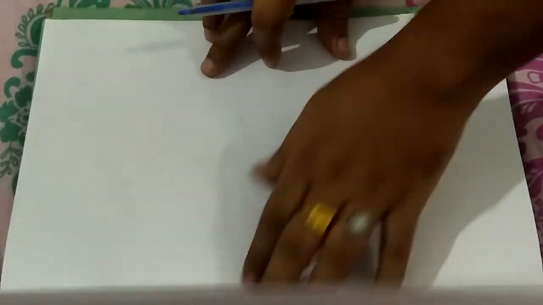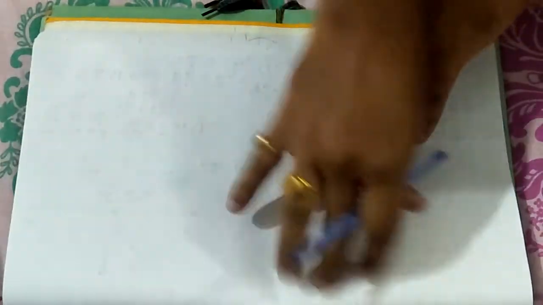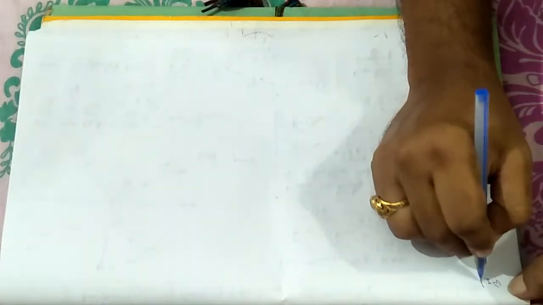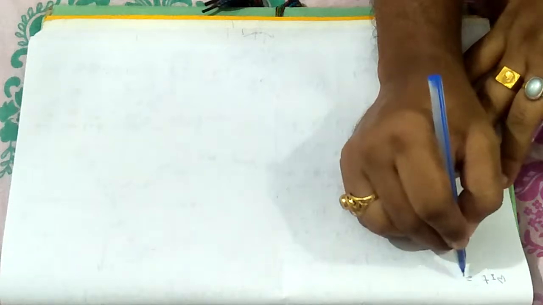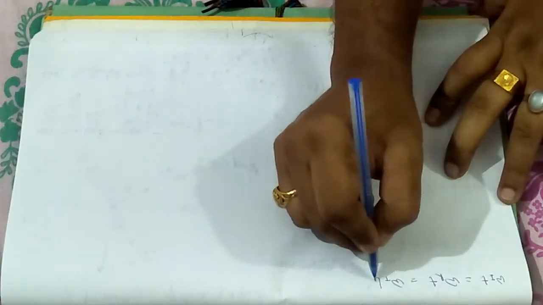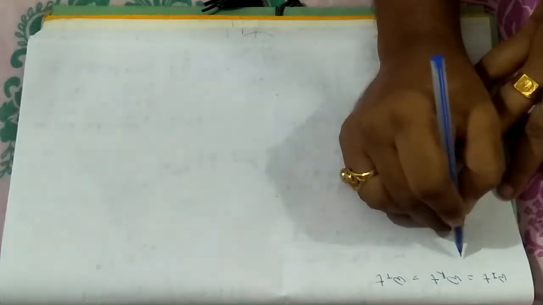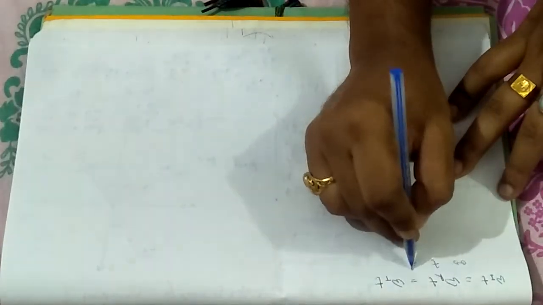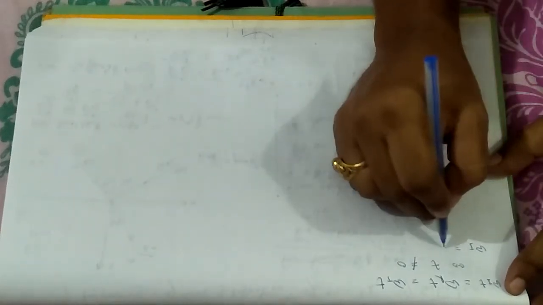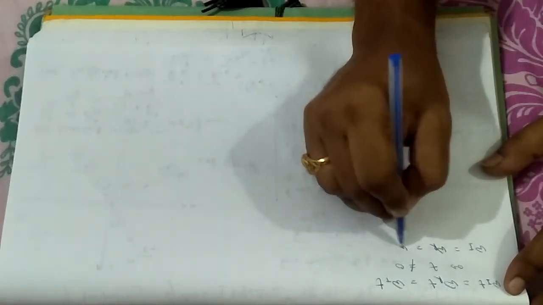Equating the time varying component, we can write directly omega_I t will be equal to omega_R t will be equal to omega_T t. So as t is not equal to 0, we can write omega_I will be equal to omega_R will be equal to omega_T.